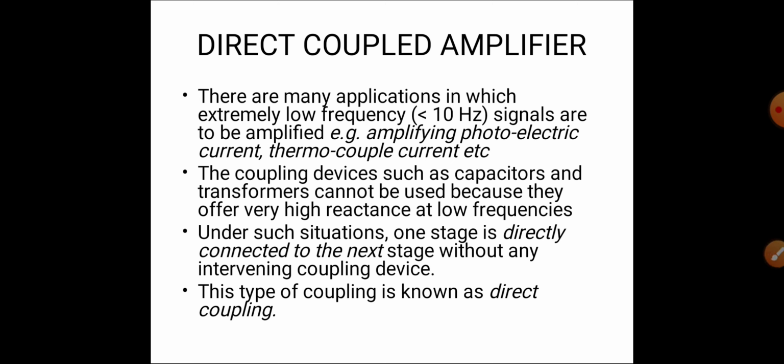Where will you get frequencies less than 10 Hz? When you use photoelectric current or thermocouple current, you will be getting a frequency less than 10 Hz. So to amplify those signals, you will need a direct coupled amplifier.